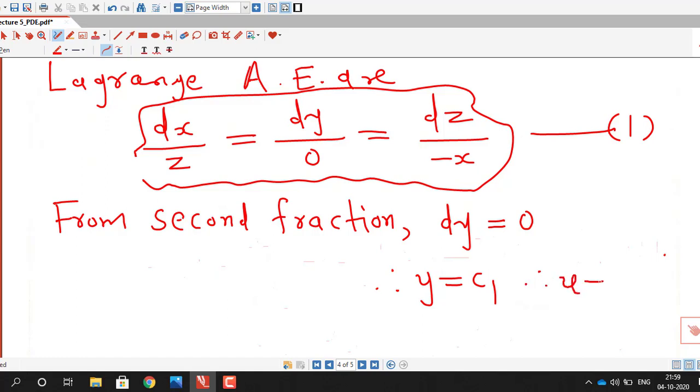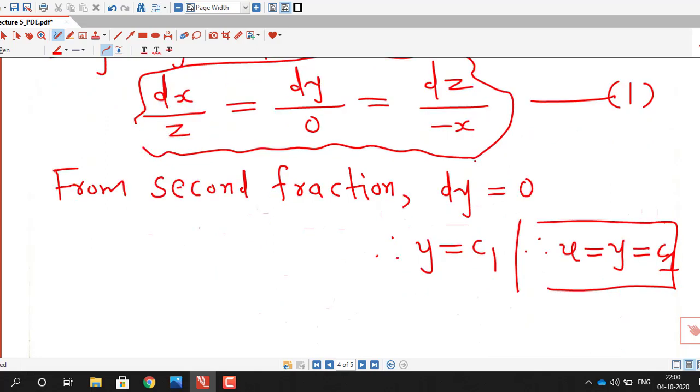Therefore u equal to y which is c1, c1 is arbitrary constant. Now what about first and third fractions? So first and third fractions contain differentials dx and dz, and other things are containing x and z only. So we can find out the second solution by comparing first and third fractions.